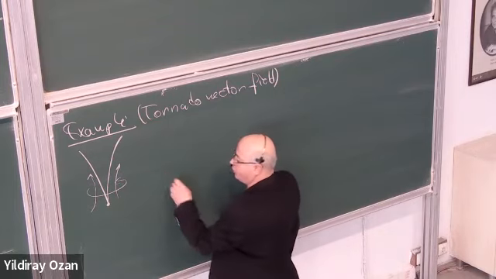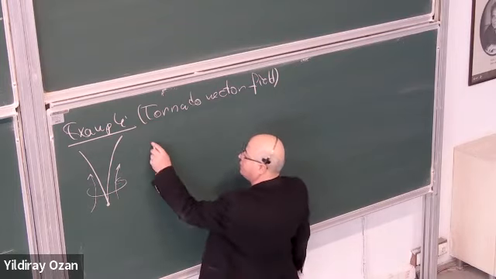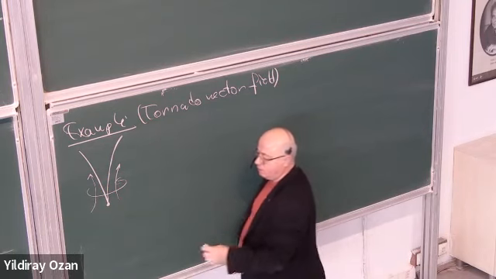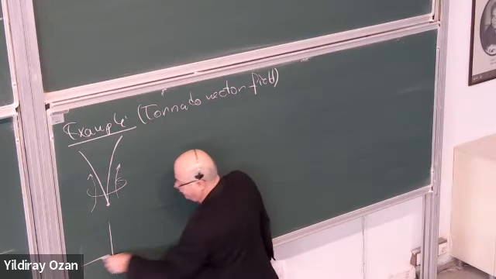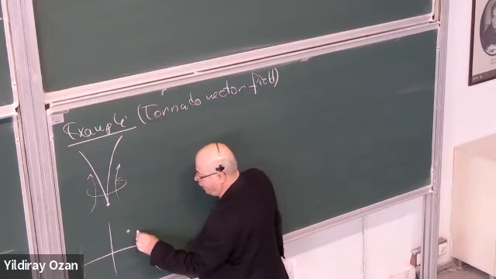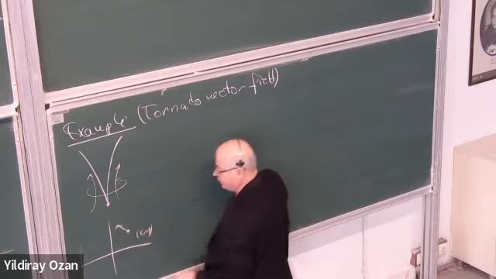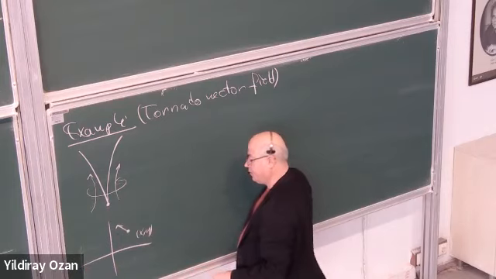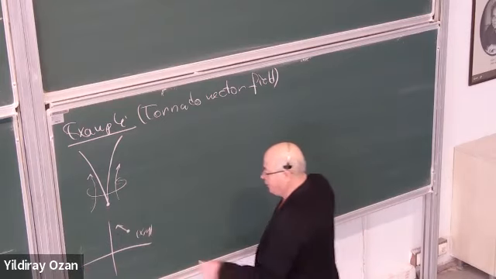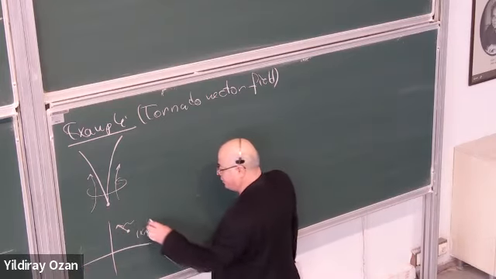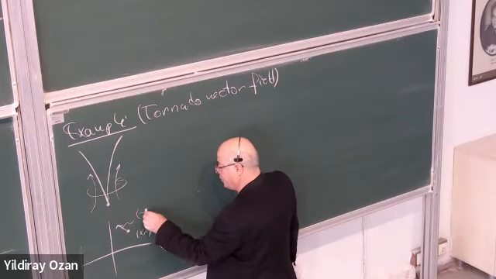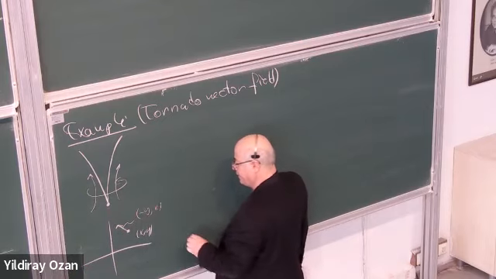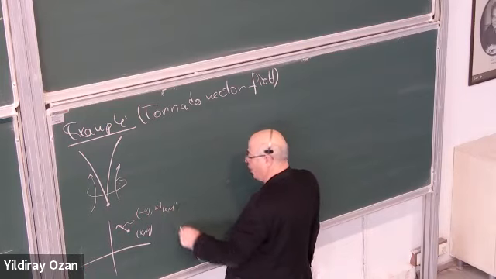Well, we know the rotational vector field in the plane at the point (x, y). If you are at this point, then this vector is just (-y, x) at the point (x, y).